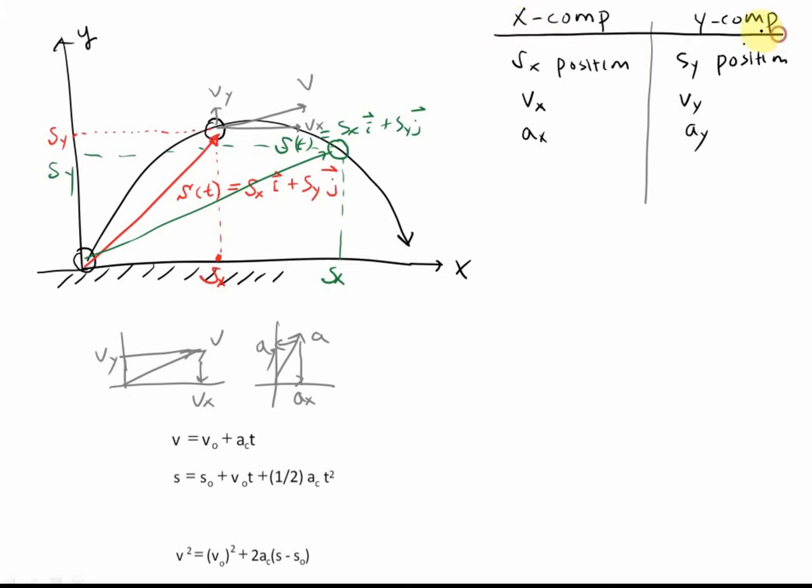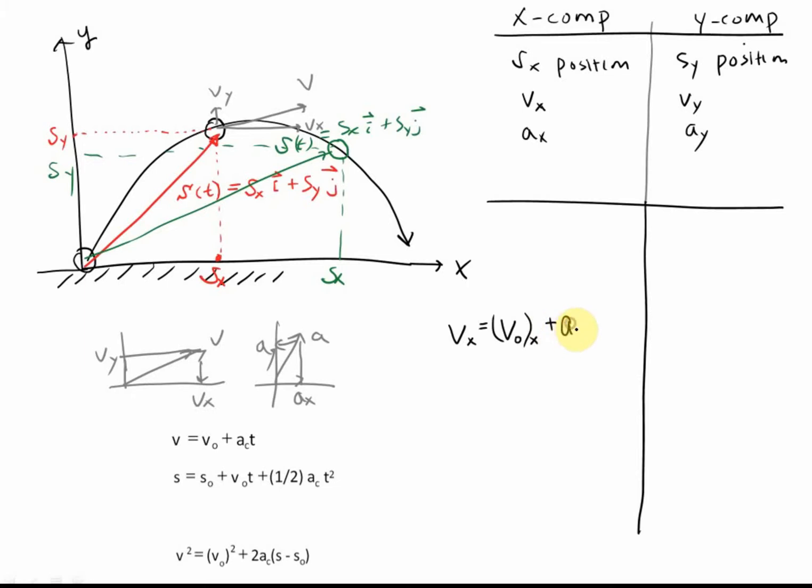Okay. Then the velocity of the x component will be the initial velocity of the x component plus a certain acceleration of the x component times t. Okay.